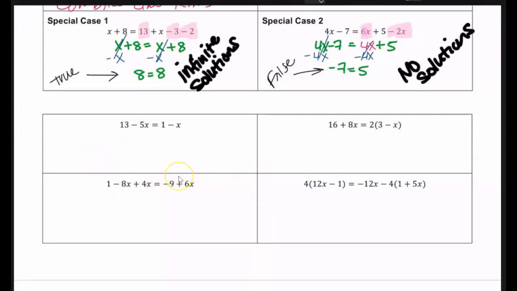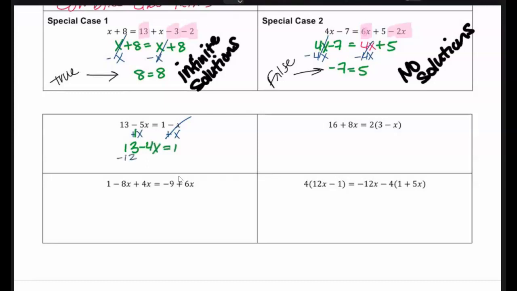The first example is just a regular 2-step equation, so just to check to see if you can do a 2-step. So, first step, move my x. It's a negative x, so I'm going to add x to both sides. And I'm going to get 13, negative 5x, remember x by itself is really 1. Negative 5x plus 1x is negative 4x equals 1.